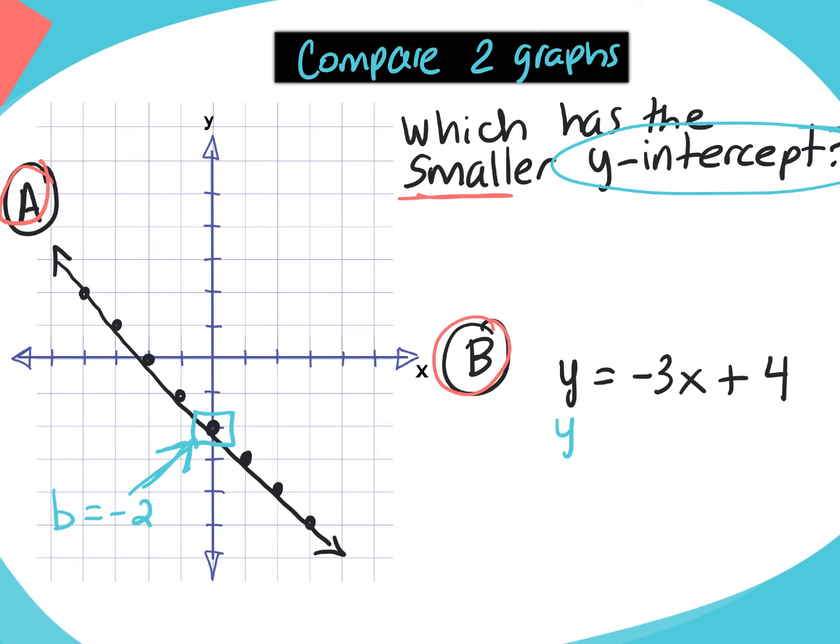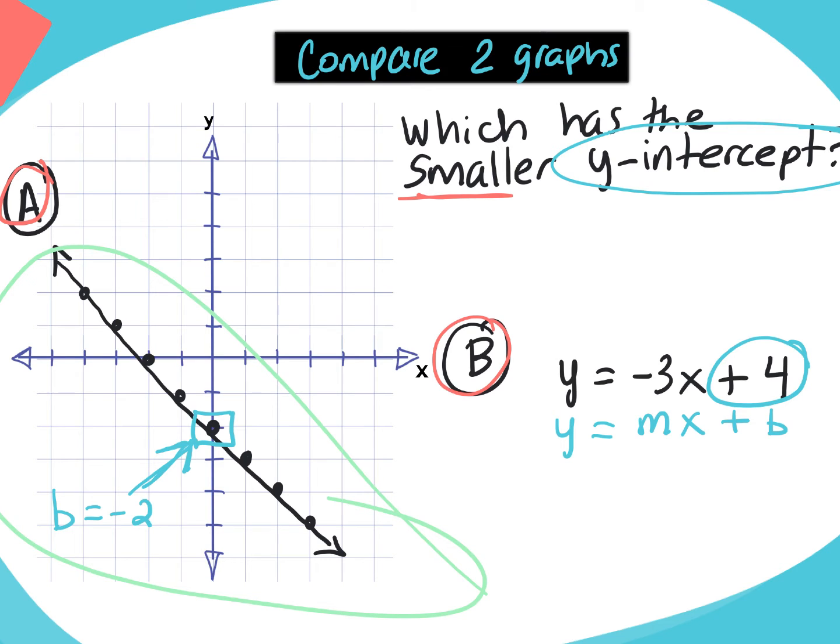Here you have to say, well, I remember this is y equals mx plus b. B is my y-intercept. B is 4. So which one is smaller? It turns out that the one that's smaller is this one right here because -2 is smaller than 4. So I'll just put a star by letter A.